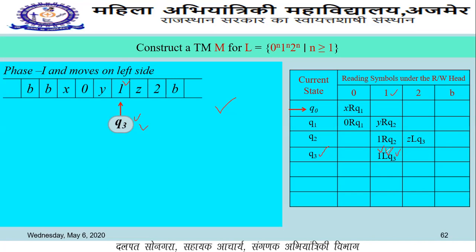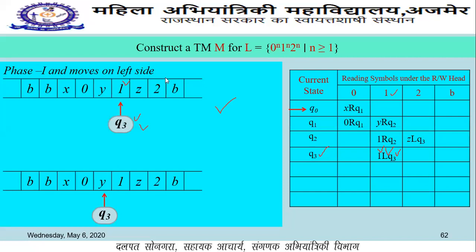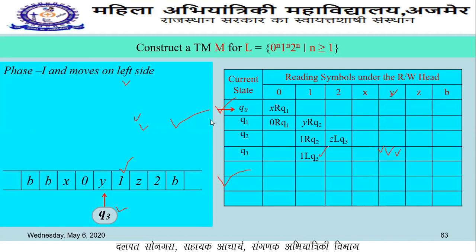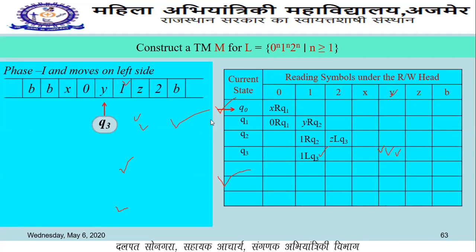When we apply this transition function at this instantaneous description, we move to this situation. This 1 is just passed, and we take a left turn, and the state remains unchanged, q3. Again we just pass, and we are in this situation right now.